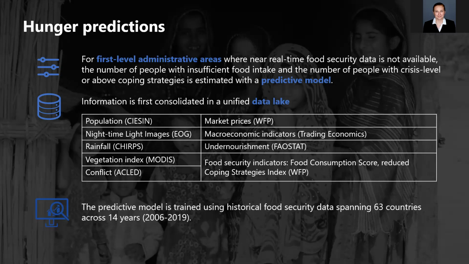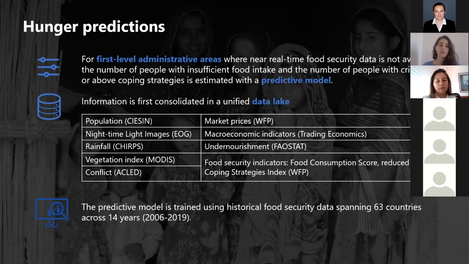As I was mentioning in the beginning, to do that, first we had to consolidate a data lake where we collect population data, nightlight images, rainfall, vegetation data, conflict data from ACLED, then things collected by WFP, such as market prices, then macroeconomic indicators, some also undernourishment data from FAO, and then finally, the ground truth for all of this is the data itself on the indicators that we are trying to predict.